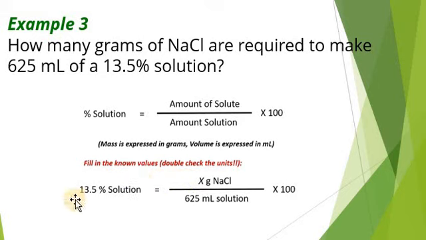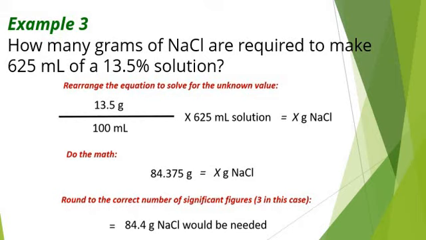In this scenario, the 13.5% solution is multiplied with 625 ml of solution. Remember, here volume is expressed in ml, not in liter, because it is mass per volume concentration, where mass is in gram and volume should be in ml. In molarity it will be in liter, but in percent it will be in ml.